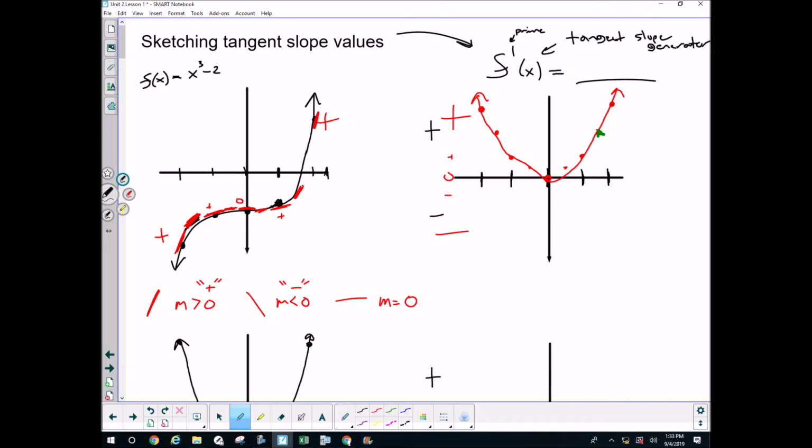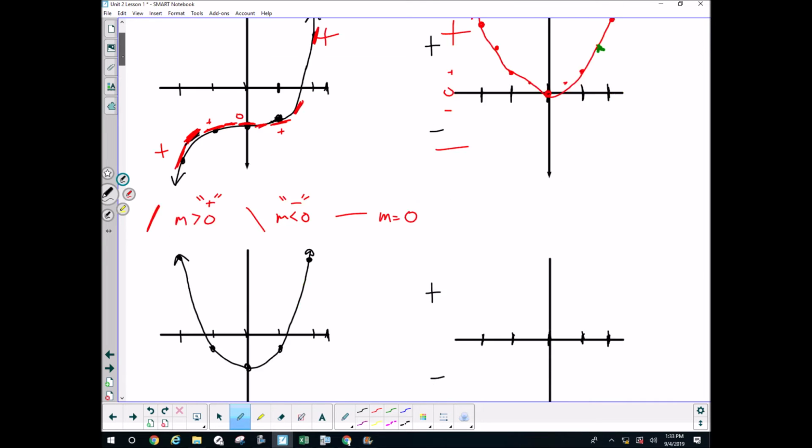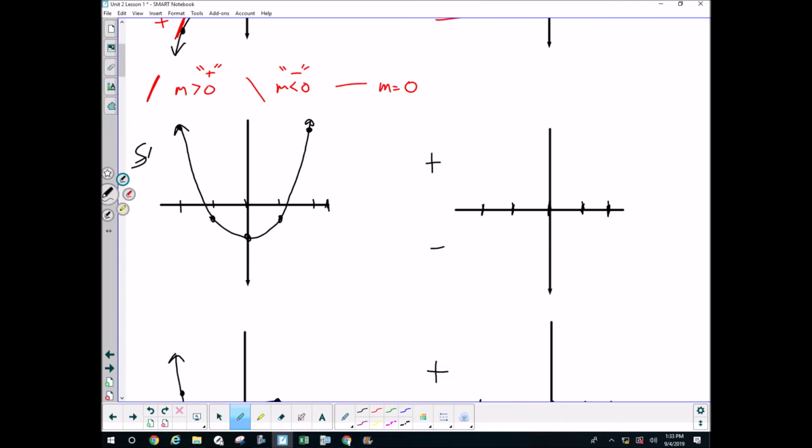Okay? Now, is every tangent slope generating function going to look like a parabola? I don't know. Let's find out. If this was a parabola, and I sketched its tangent slopes, what would its tangent slope generator look like? Why don't you guys do that right now?